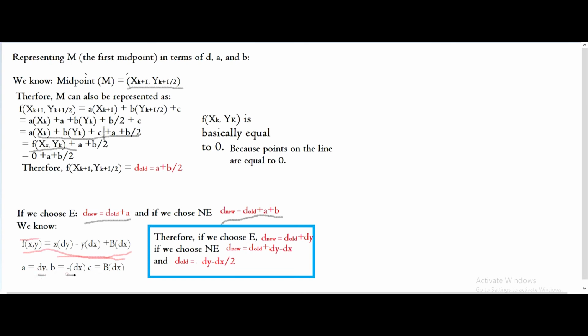And finally, we get these three equations: D new like this for E, for NE you get it like this, and D old like this. Alright then, so we've understood all of the concepts till now. The only thing remaining is to understand the algorithm itself. So let's get started with that.